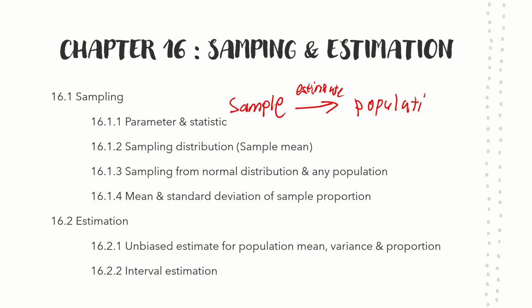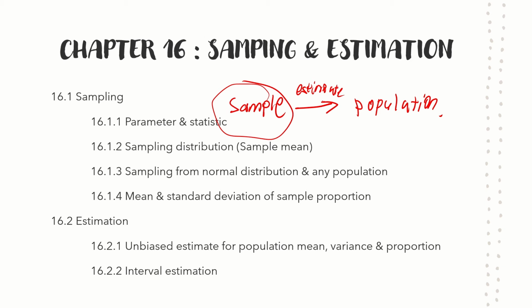Interesting, right? Very interesting. You only have the information of the sample. You don't have the information for the population, but you can use the information in your sample to estimate the population.